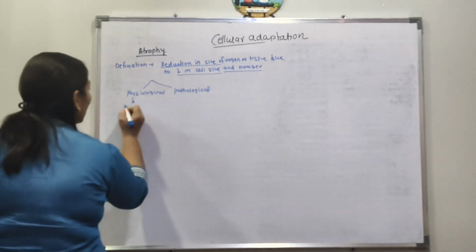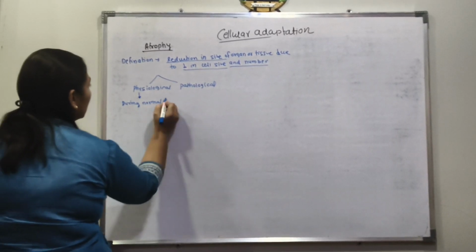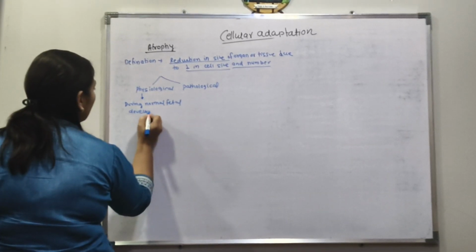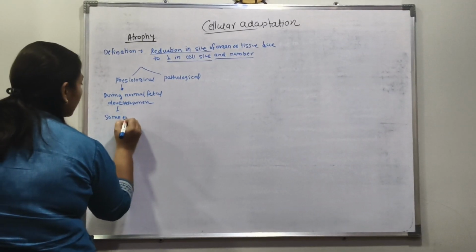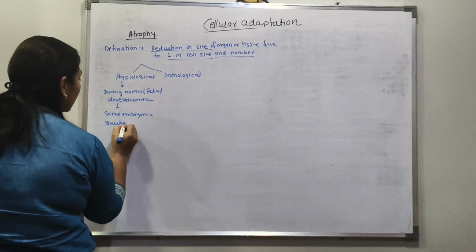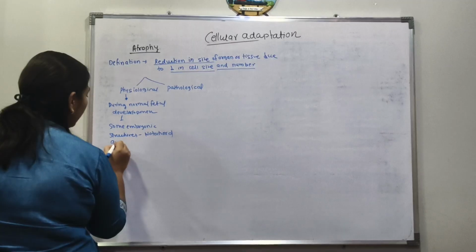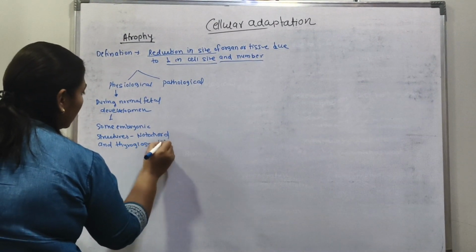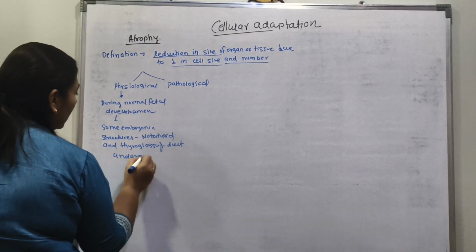What comes under physiological atrophy? During normal fetal development, some embryonic structures such as the notochord and thyroglossal duct undergo atrophy.